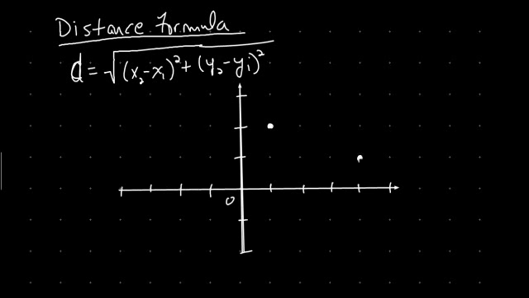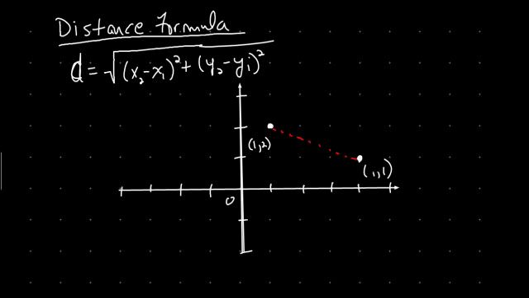Then we'll bring in negative numbers next time. So this is 1, 2, and 4, 1. What we want to do is find that distance.